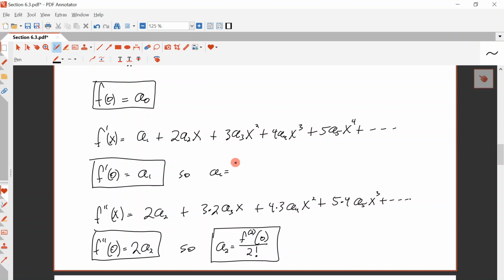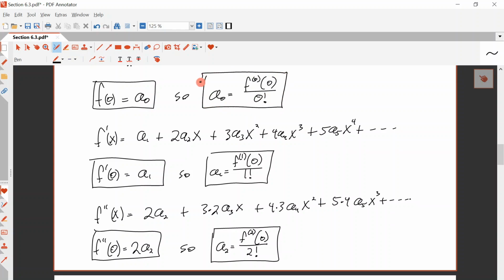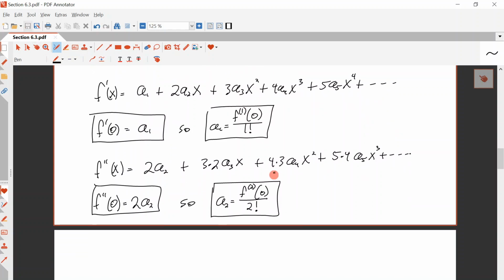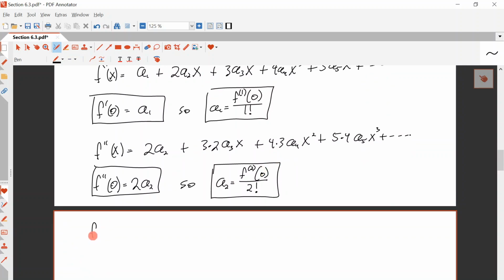Sorry, let me rewrite that. First derivative at 0 over 1 factorial, which is just 1. Here, a0 is equal to the zeroth derivative over 0 factorial, which is again 1. 0 factorial is 1, it's not 0. Let's take the derivative again.